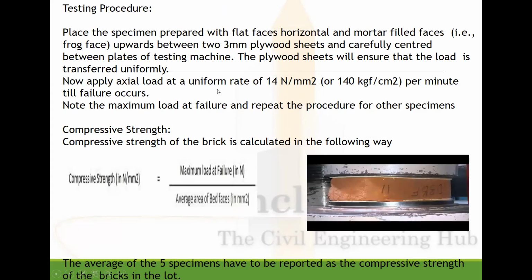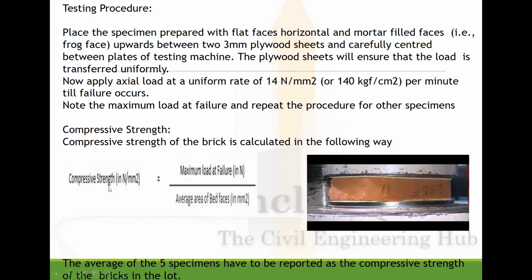Testing procedure. You always keep the bricks in the testing machine properly and apply the load of 14 Newton per mm square, or 140 kg per centimeter square, till failure. Once the failure occurs, take down the record.